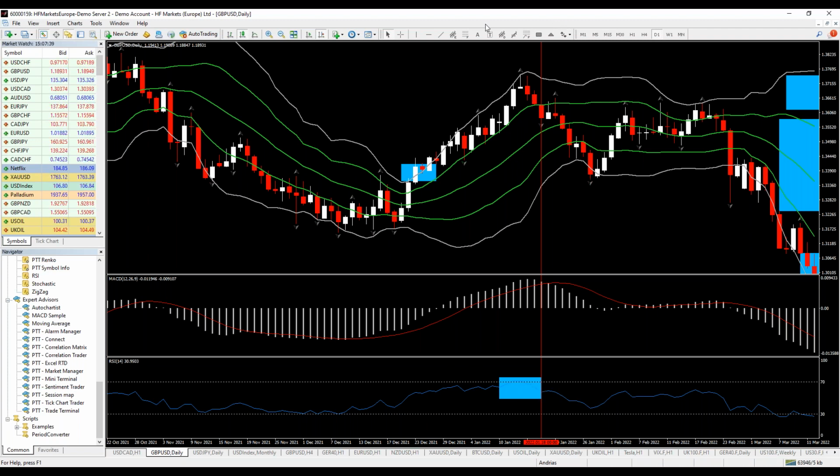So that was a nice entry point, this one, or the next candle over here. At the open price, that was a nice short entry with stop loss.